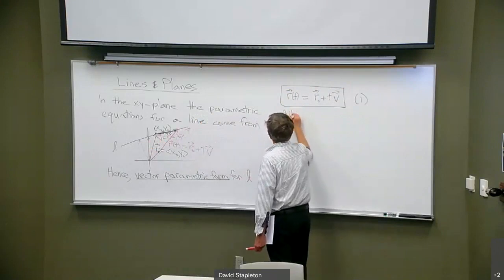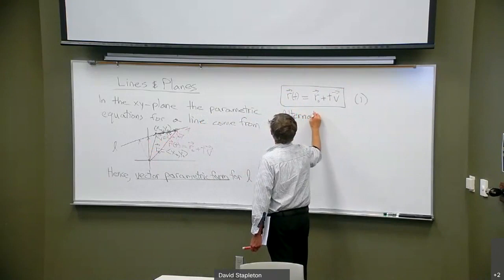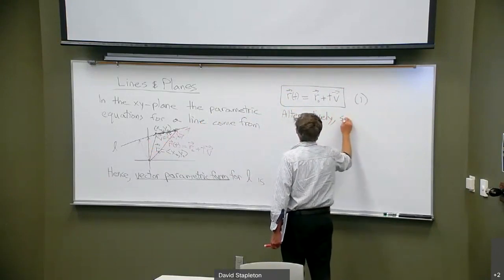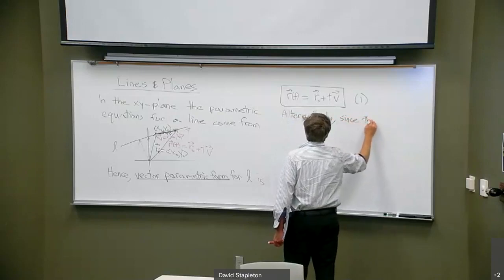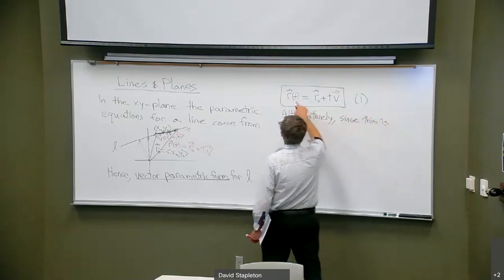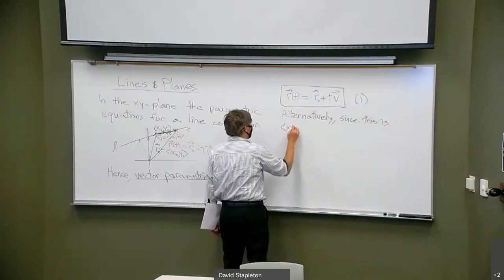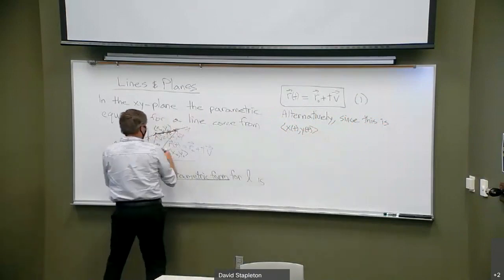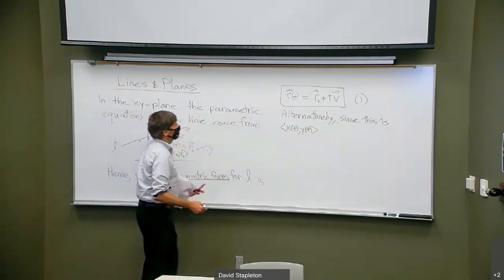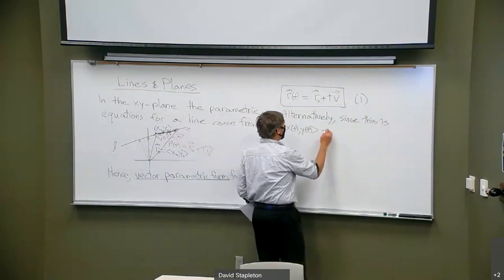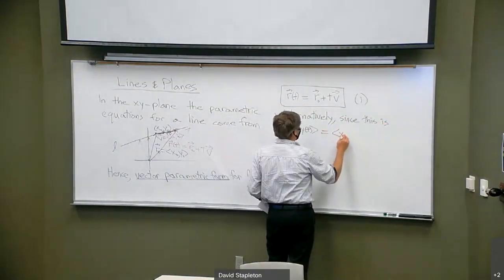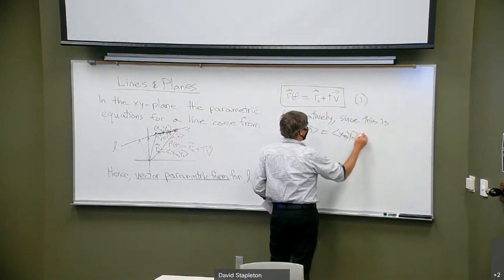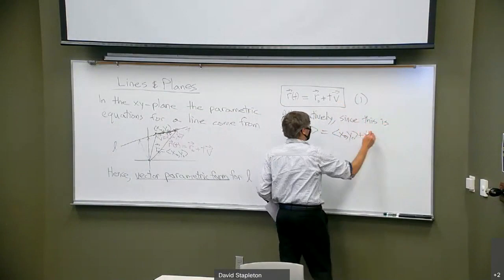Alternatively, when written down in terms of components, r of t has two components, right? x of t, y of t are the x and y coordinates of this vector r. So we'll just write out its components. Equals r0, which we said is x0, y0, plus t times the vector v, which we gave components a, b.